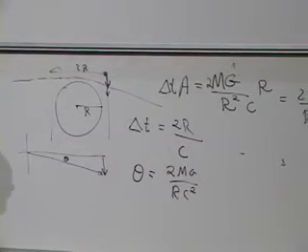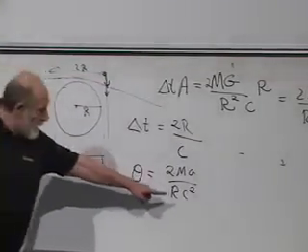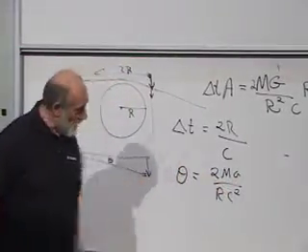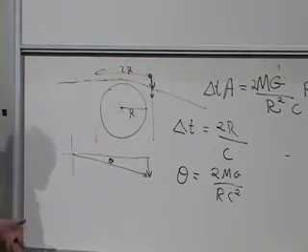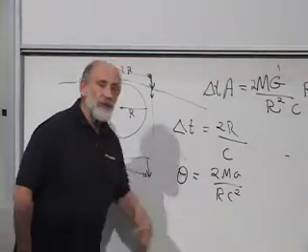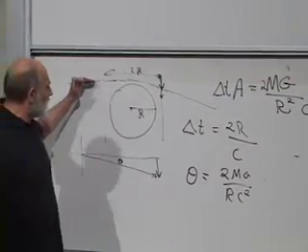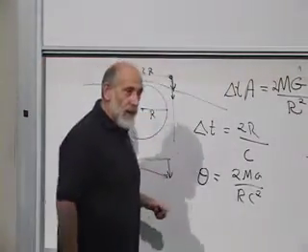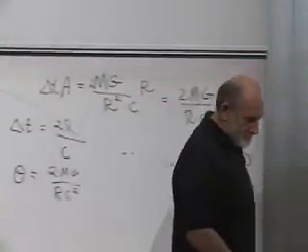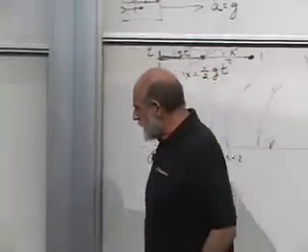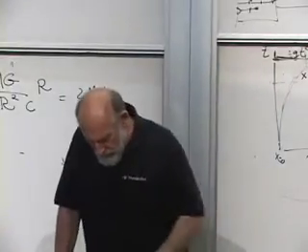That's a very small angle typically, mainly because c is a big number and g is a small number. G is very small, c is very big, c squared is even bigger, so that's typically a small angle when the light ray goes across the sun. So that was the crude estimate that Einstein made.